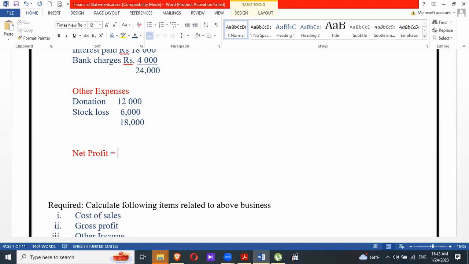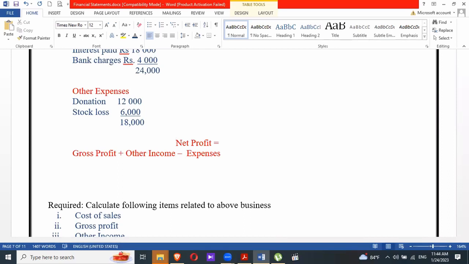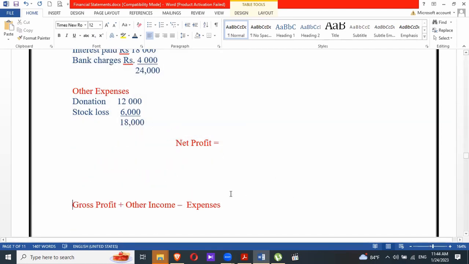Net profit equals gross profit plus other income minus expenses. Expenses are 4 types, right?